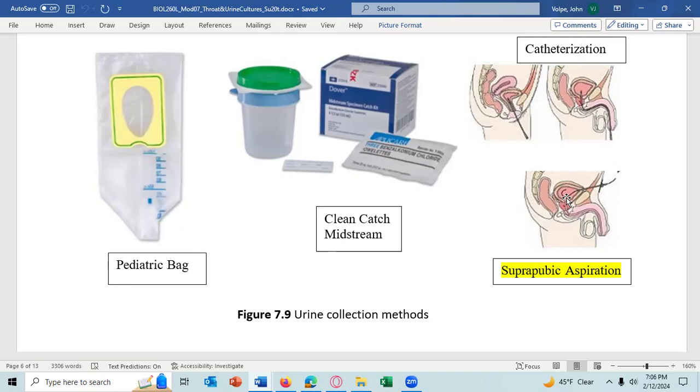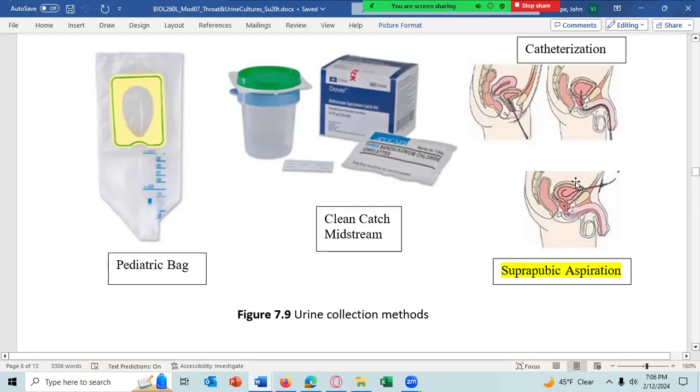I don't know if males have a normal microbiota in the bladder because all of the studies have only looked at females, but at least females do. And so you can get the normal microbiota directly from the bladder, even in the suprapubic aspiration. But at least you're not getting the contamination from the urethra.